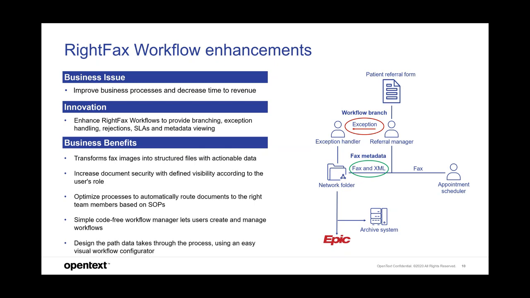When a RightFax Workflows workflow path gets set up, everyone has role-based access to the fax, and I don't have to know. I just know that my part is done and it's ready to go to the next stage. And that's why we think that the increased document security with defined visibility based on role-based access is going to be a very nice change for folks who are used to just handling inbound faxes based on their fax number.